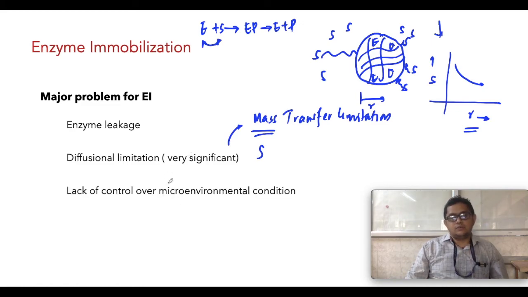A third one, which is similar to the previous problem, is being unable to control the microenvironmental condition. In any enzymatic reaction, we can easily predict how it will perform. There are many models like the Michaelis-Menten equation, and many other models are available. But every model depends on the substrate concentration.